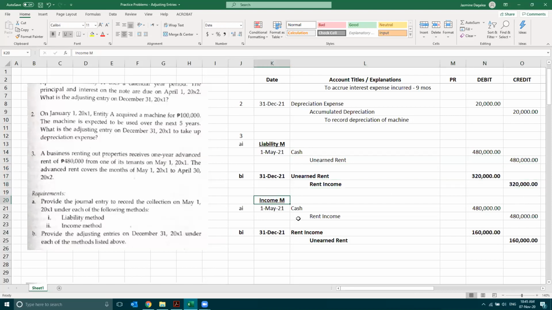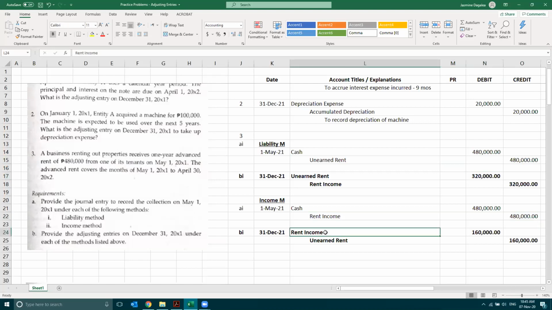Under the income method, your initial entry was to credit the whole amount as rent income. But at the end of the year, only 320 is your rent income, so you reduce your rent income by 160,000, which is the unearned portion of the rent. If you don't adjust under the liability method, your liability is overstated by 160,000 and your rent income is understated.